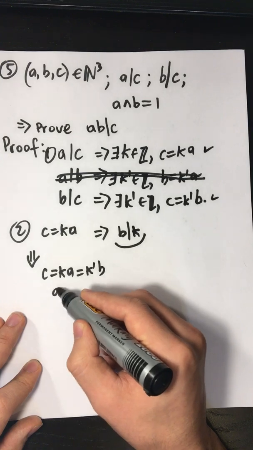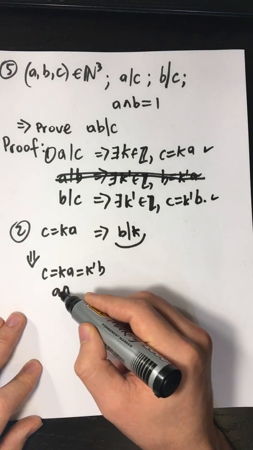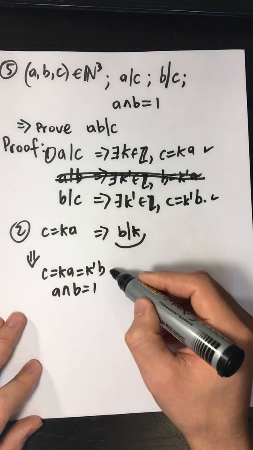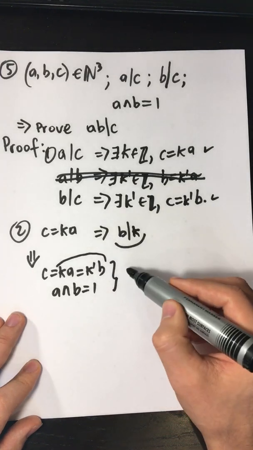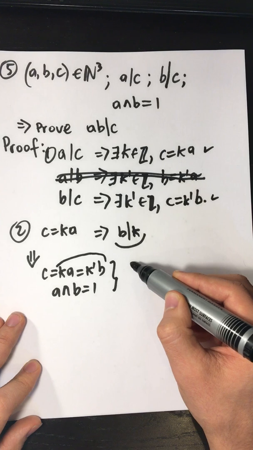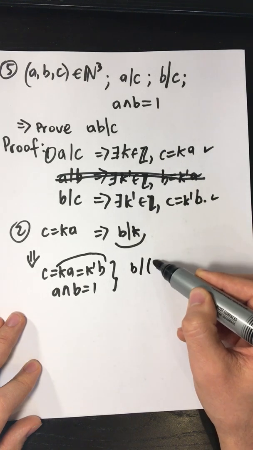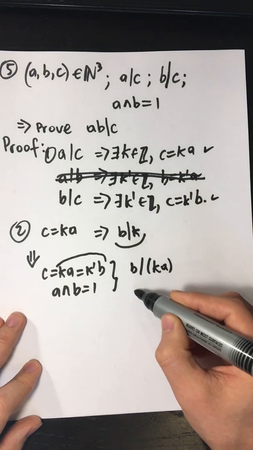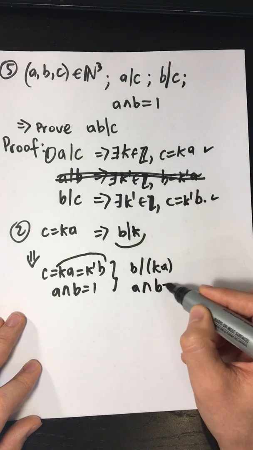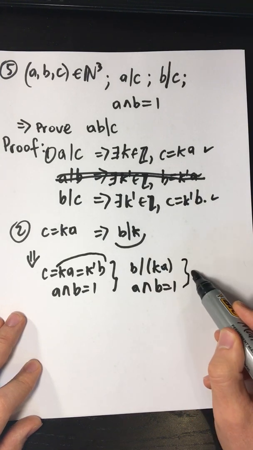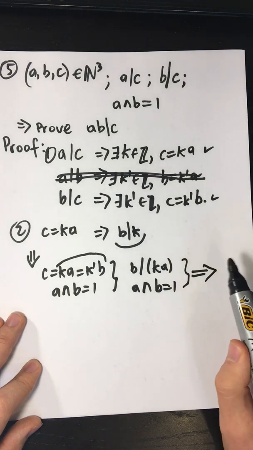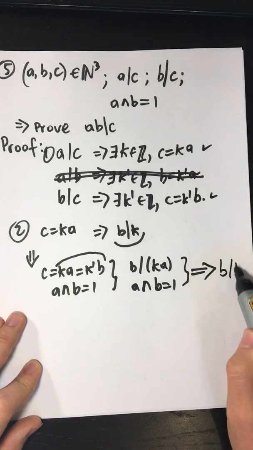And I also have a and b coprime numbers. So from this I can decide that b divides ka. Do you agree? And a and b coprime. And from here I can get b divides k.